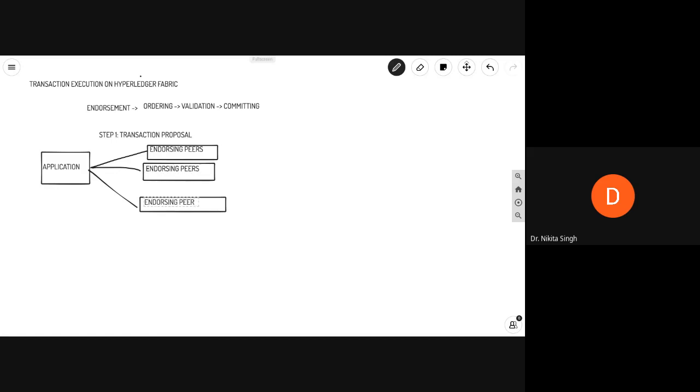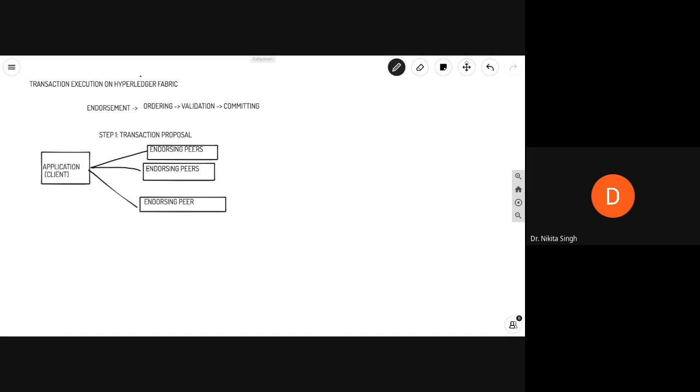So the transactions start out with a transaction proposal, and your client will send the transaction proposal to the endorsing peers. Client applications are commonly referred to as applications and/or clients, and they allow people to communicate within the blockchain networks. So this is step 1.